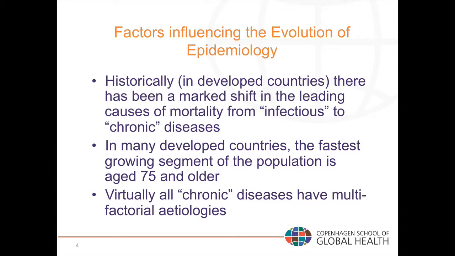The fastest growing segment of the population in developed countries is the population above age 75. And the third important point is that virtually all chronic diseases have multiple factors at their origin. So that means the methods investigating those have to take this into account. We actually needed new technologies, statistics, and approaches.